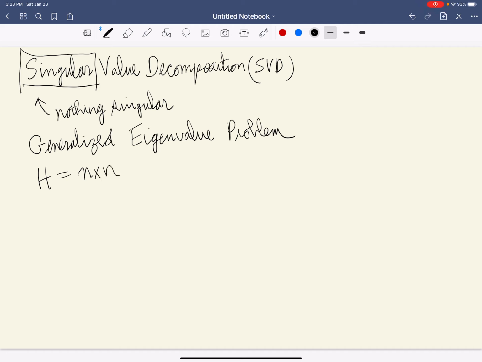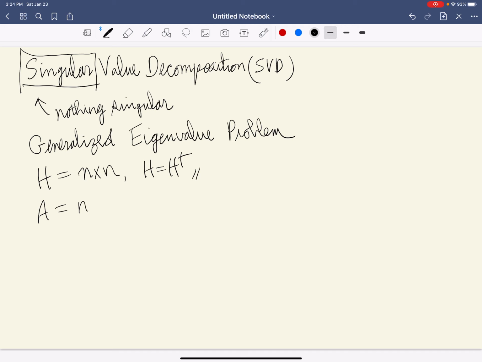So it has to be an n by n, equal number of rows and columns. And to guarantee that all the eigenvalues are real, we also have to require that the hermiticity condition be satisfied for this matrix. But obviously, such a matrix is a rather special subset of all the possible matrices one can write down.